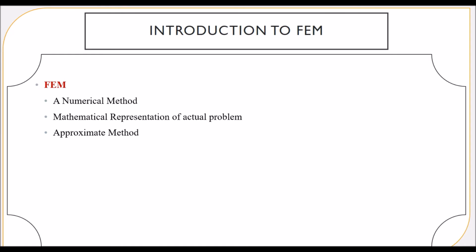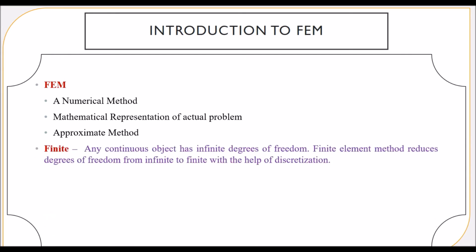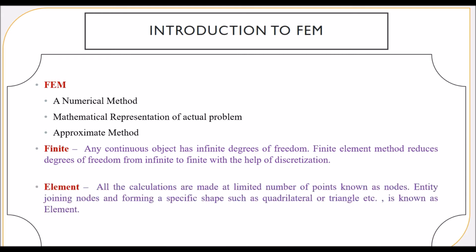Now let me explain what is meant by FEM, that is, finite element method. Finite is defined as: any continuous object has infinite degrees of freedom. Finite element reduces degrees of freedom from infinite to finite with the help of discretization. Next is element.